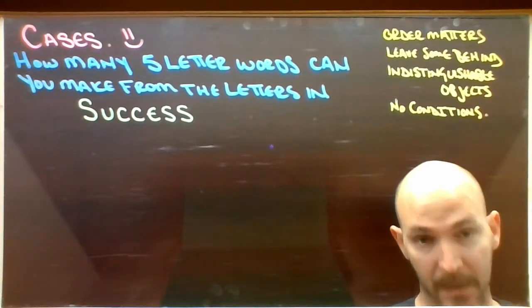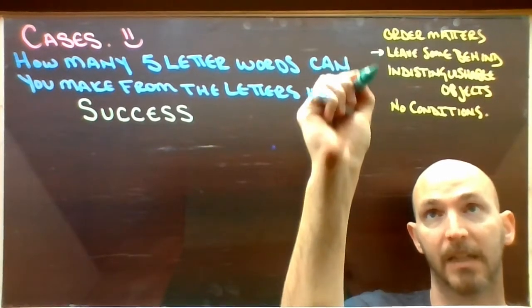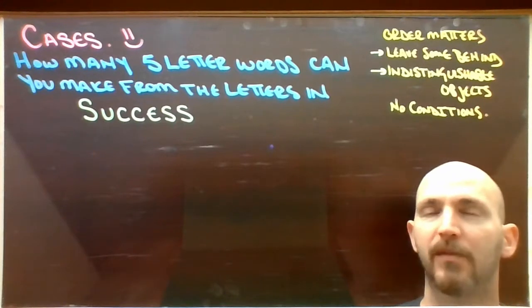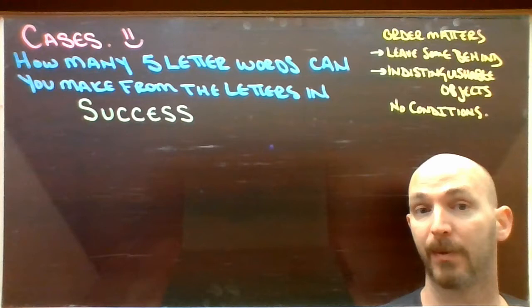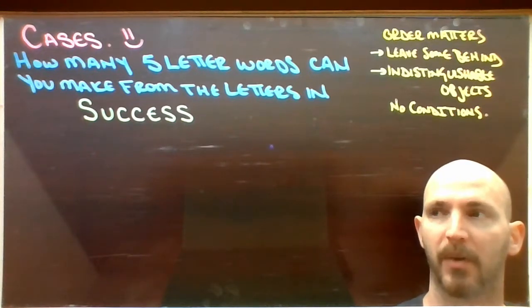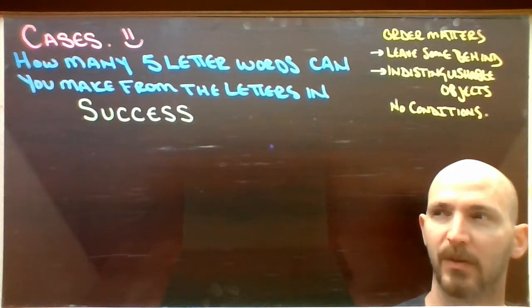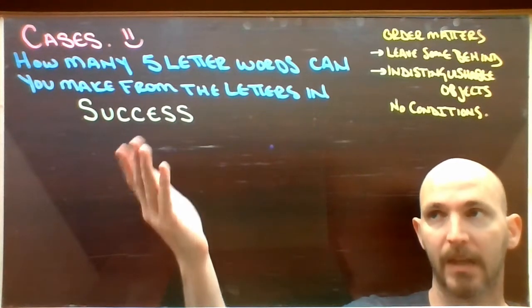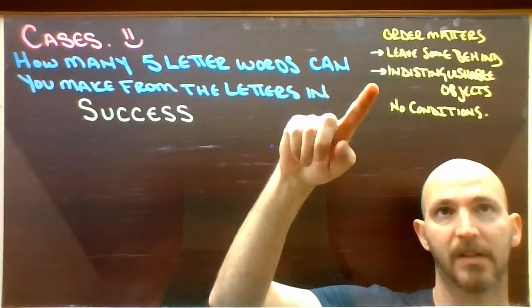Anytime that happens to you, where you end up with some objects being left behind and some indistinguishable objects, the technique for eliminating those overcountings conflict with each other. So in order to solve that problem, you have to use some other technique. The issue here is that I'm only trying to make 5-letter words, and some of the letters are indistinguishable.